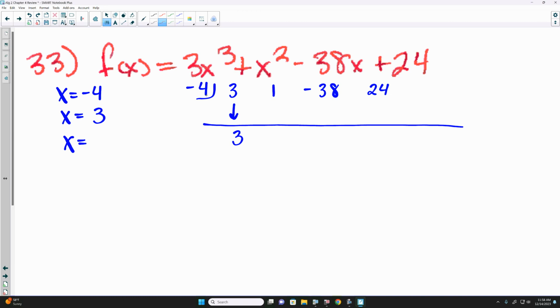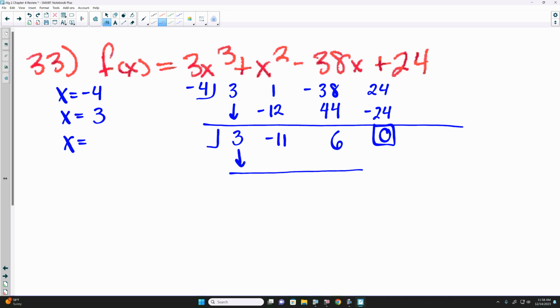So we'll say negative 4 times 3 is negative 12. Negative 1 plus, or 1 plus negative 12 is negative 11. Negative 4 times negative 11 is going to be positive 44. Negative 38 plus 44 is positive 6. And negative 4 times 6 is negative 24, giving us 0.